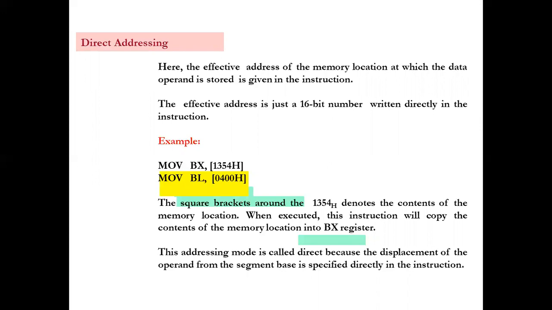The square brackets around 1354H denote the content of the memory location. The instruction will copy the content of that memory location into the BX register. It is called direct because the displacement of the operand from the segment base is specified directly in the instruction.